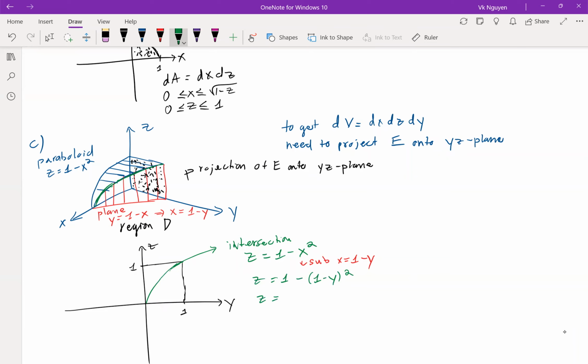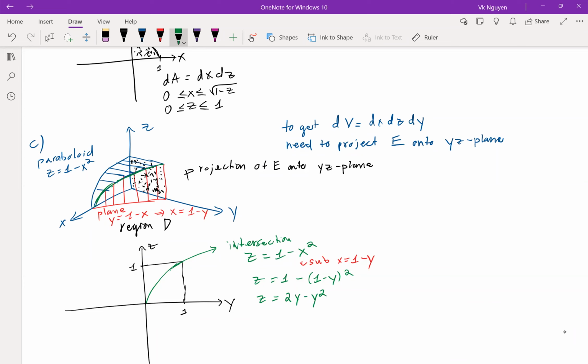The 1 minus 1 is going to be gone, so it's 2y minus y squared. I had to put a negative in front of the y squared. This looks good. This is the intersection.